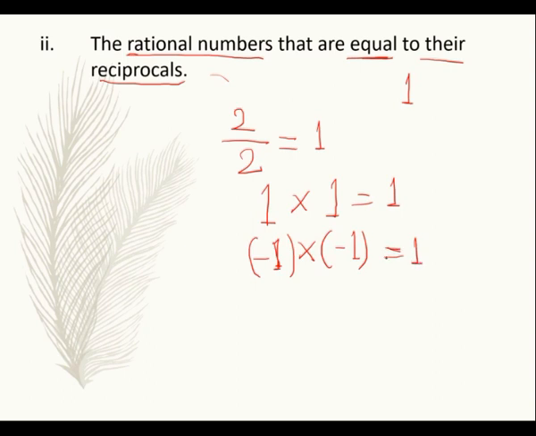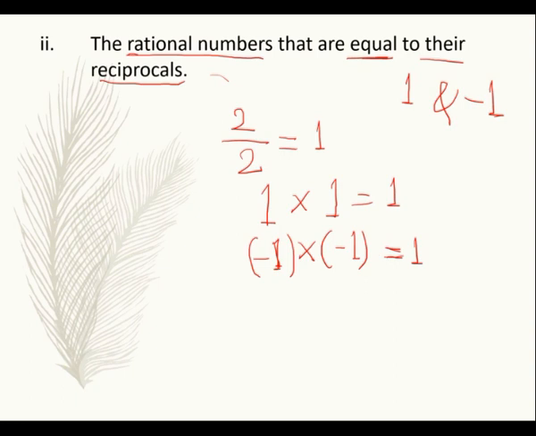Therefore, -1 is reciprocal of itself. Therefore, for this sub question 2 the answer is 1 and -1 are the two rational numbers which are equal to their own reciprocals.